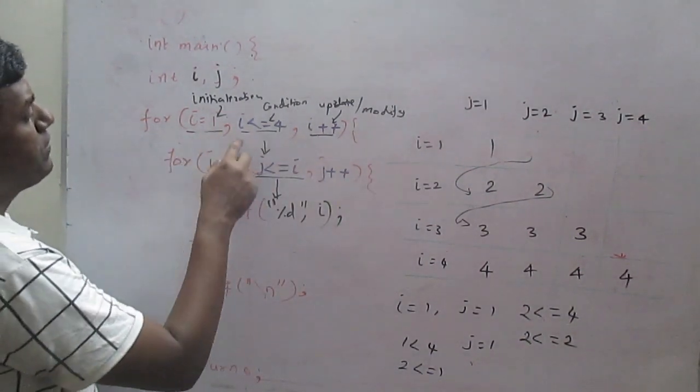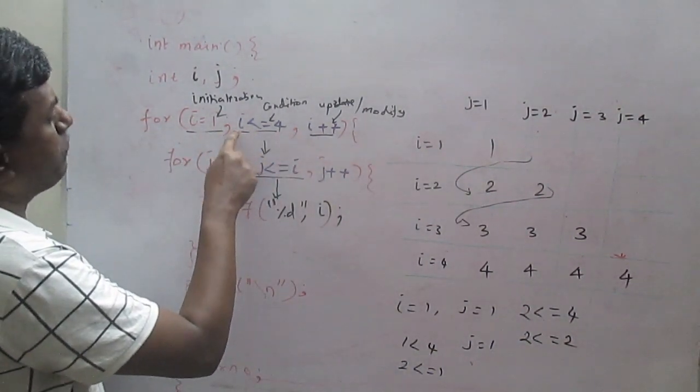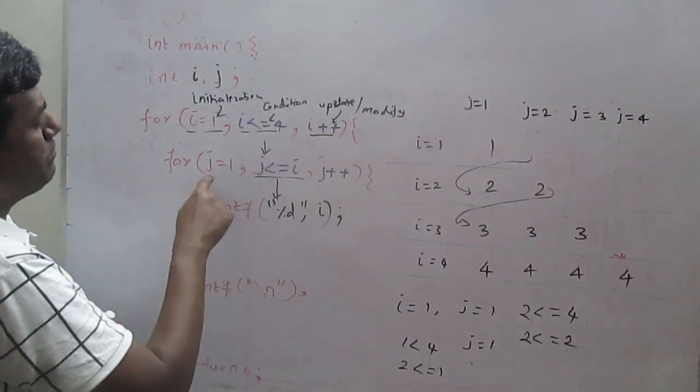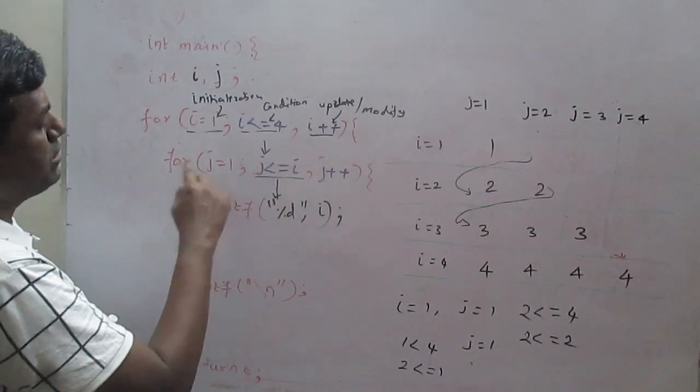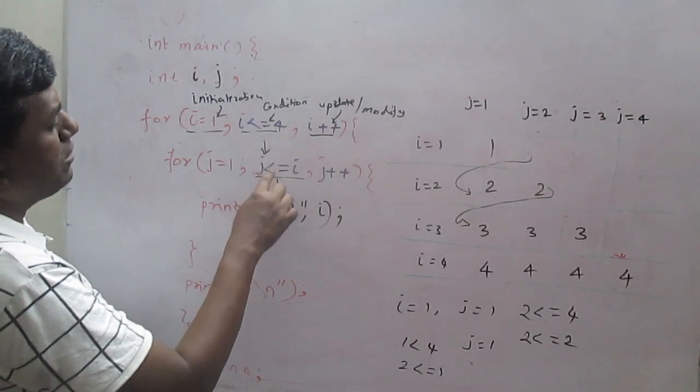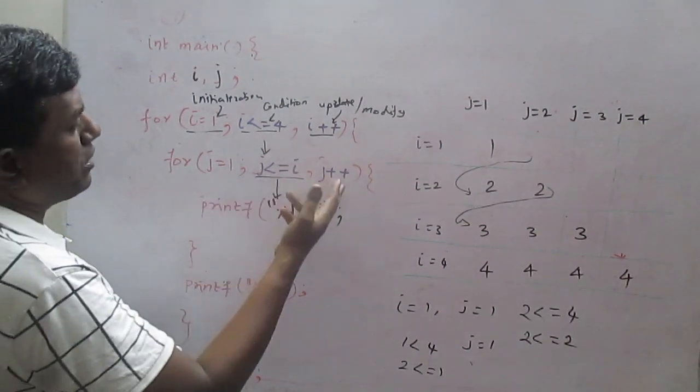Now we can see how the loop works. Whenever i equal to 1, we check the condition 1 less than or equal to 4, yes, condition true. Then we come into this loop. Then j equal to 1, and j less than or equal to i, that means 1 less than or equal to 1, so condition true.